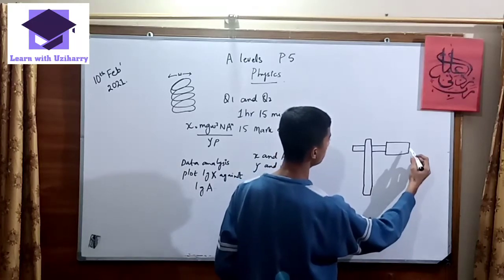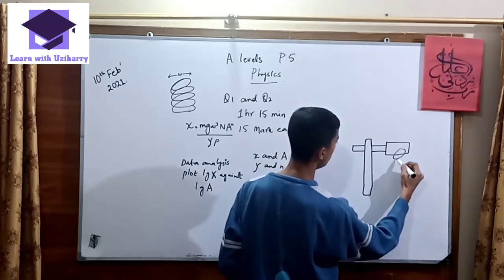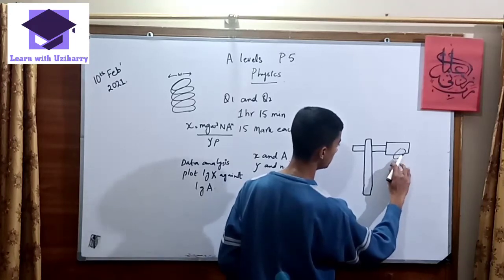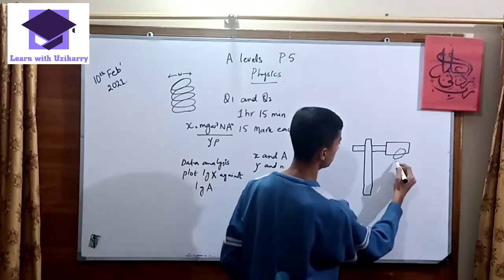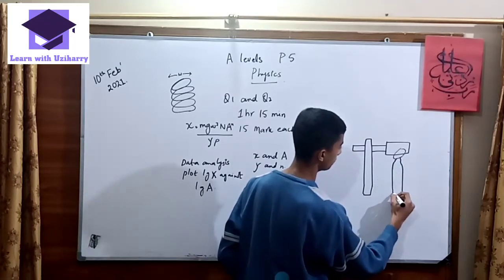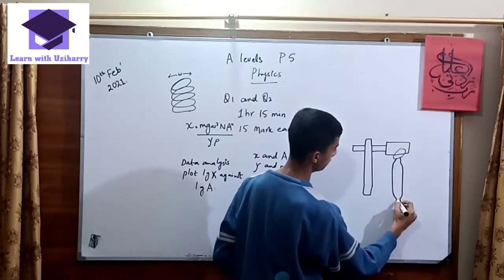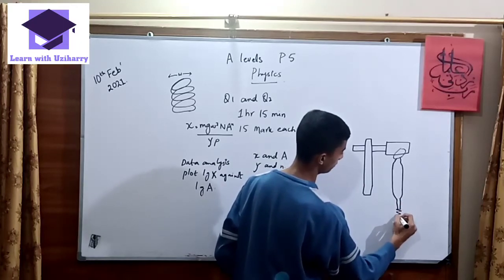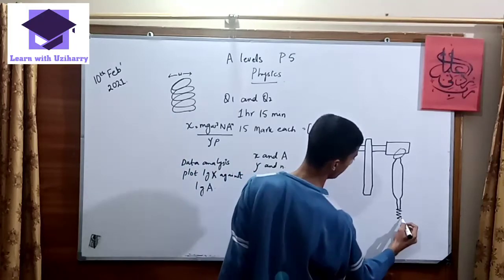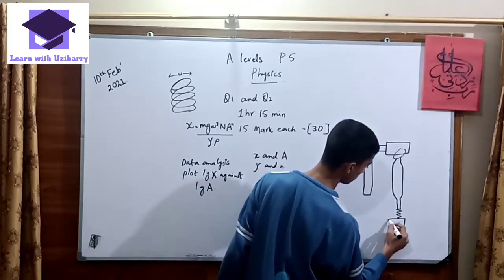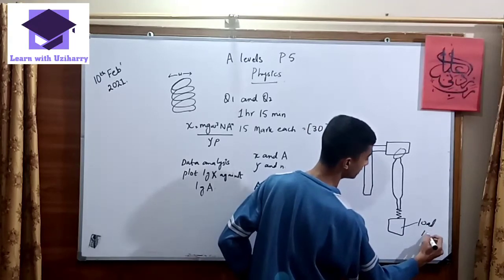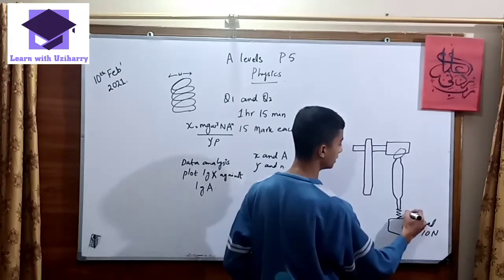We have the boss and clamp, and the Newton meter, the spring balance, with the scale. Then the extension wire, the metal wire, and finally the load. For example, the load is 10 Newton; you can take that as well.